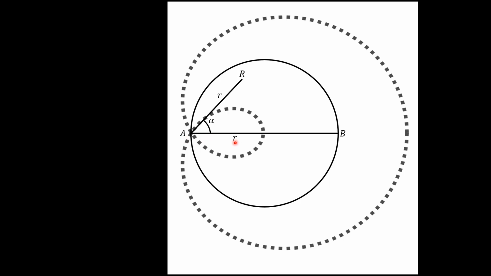If we drop a line from R to center O, and we draw a line that passes through the point where this line crosses the limaçon, angle theta is a third of angle alpha.